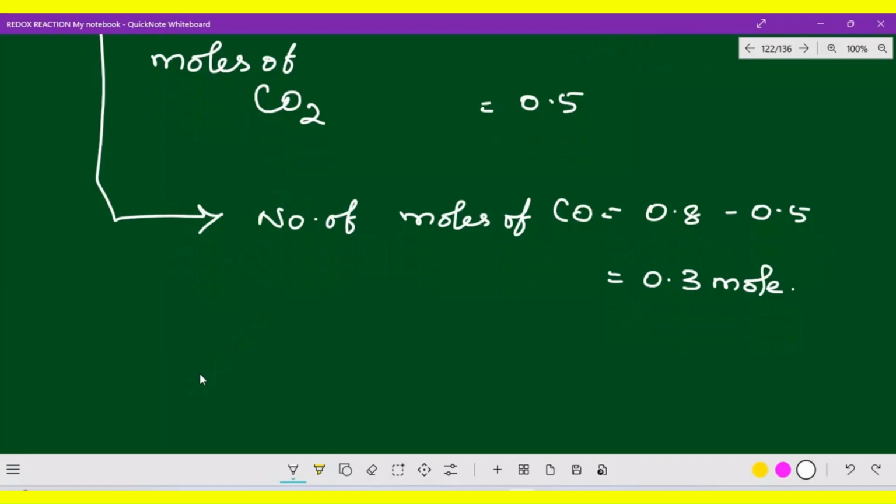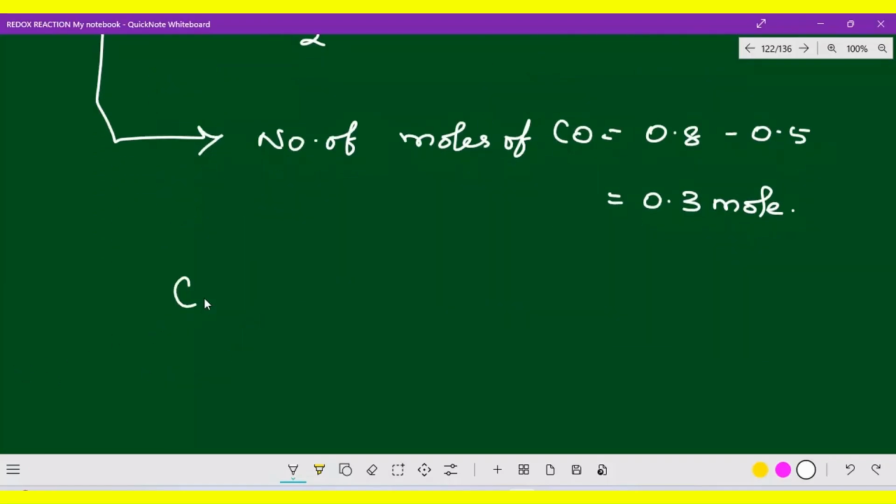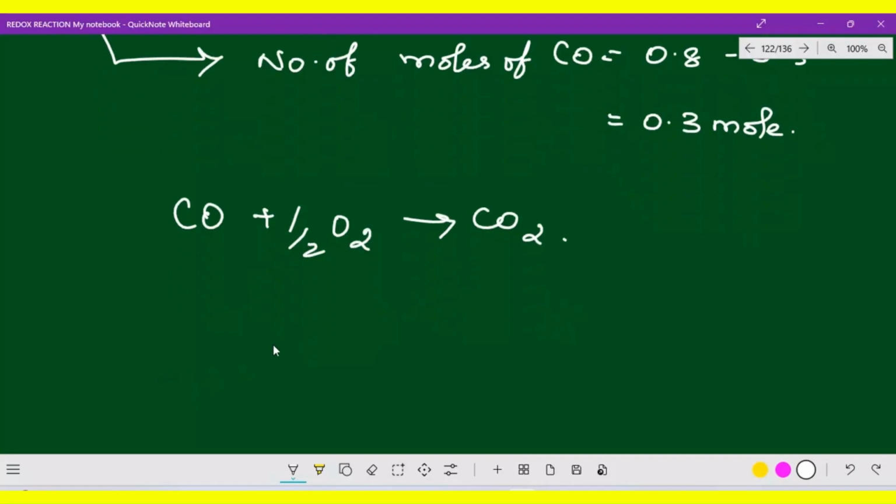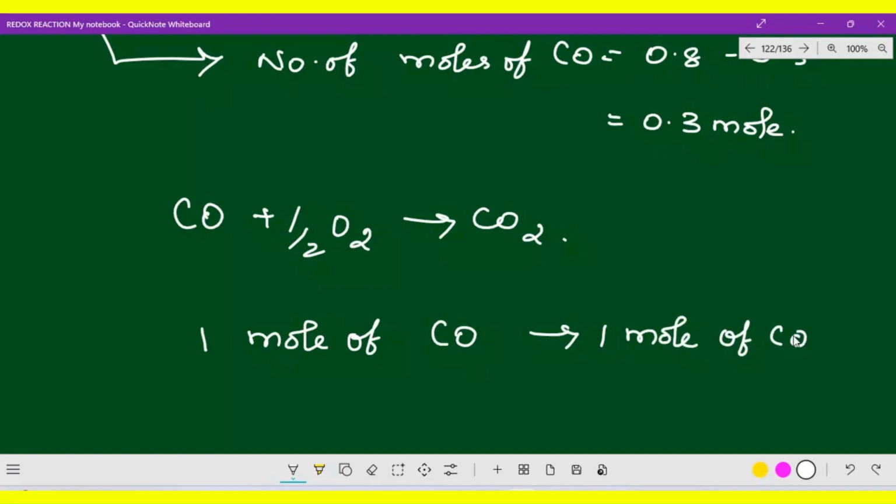Now here, CO plus half O2, you will get CO2, right? So each mole of carbon monoxide, 1 mole of carbon dioxide. 1 mole of carbon monoxide can produce 1 mole of carbon dioxide.